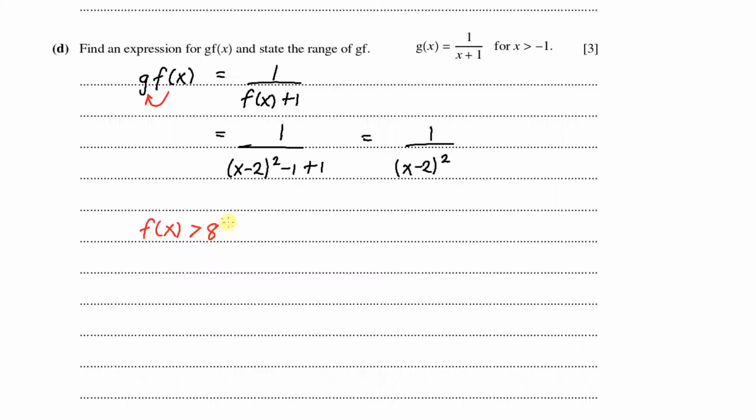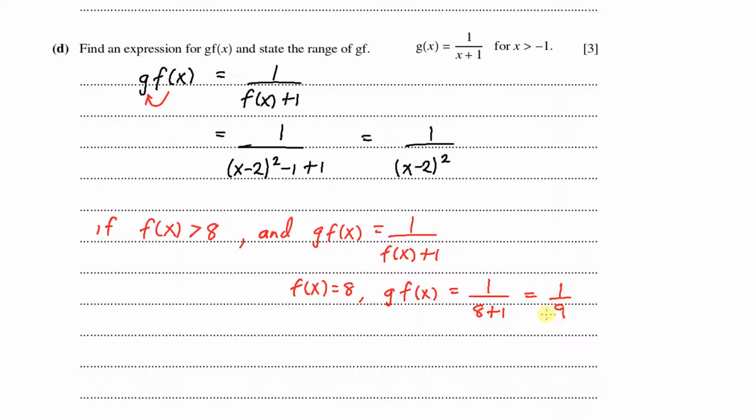Now if f of x is greater than 8, and we know that g of f of x is equal to 1 over f of x plus 1, it means that we can find the range of g of f of x using the fact that f of x is going to be greater than 8. So I'm going to equate f of x to 8. So g of f of x here will come out as 1 over 8 plus 1, which is 1 over 9.